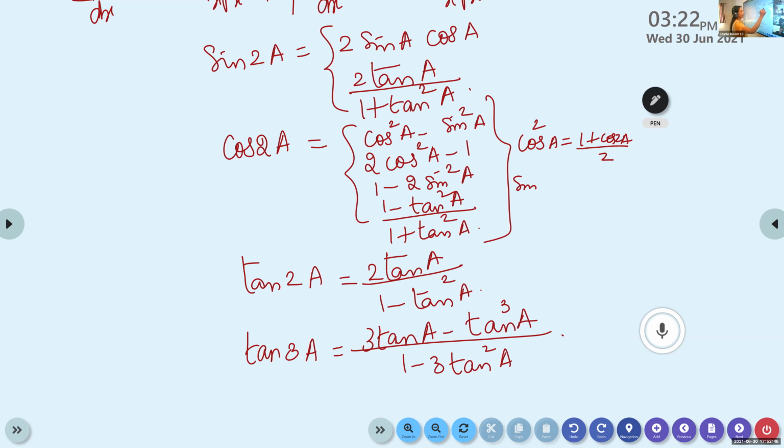Cos square A is 1 plus cos 2A by 2. What is sin square A? Sin square A is 1 minus cos 2A by 2.